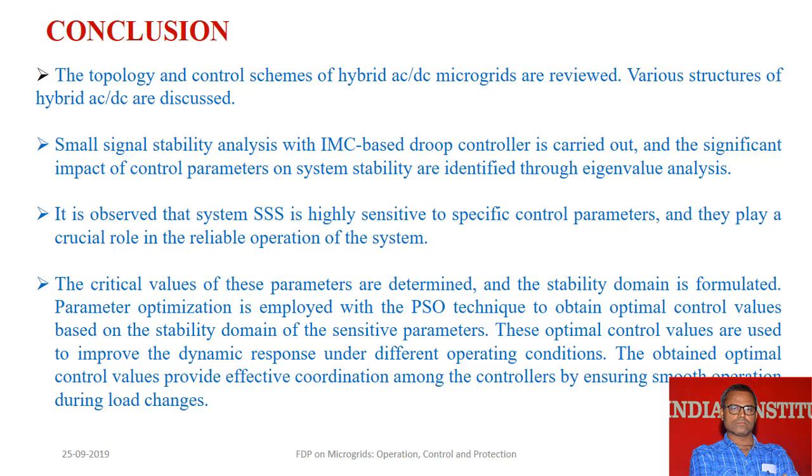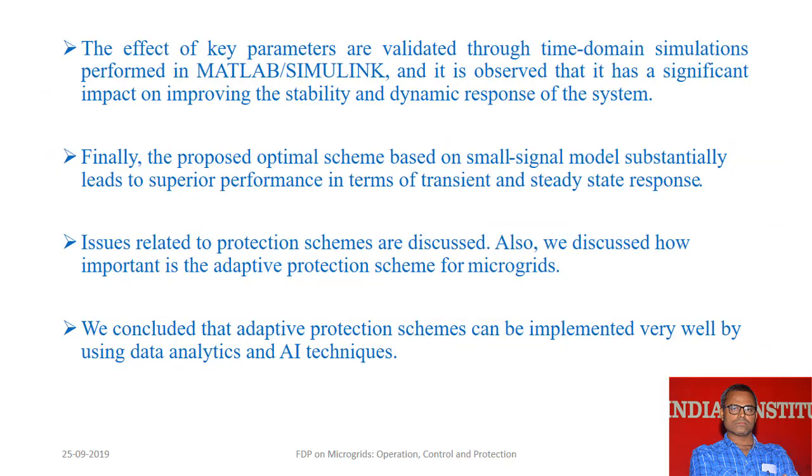Then the effect of key parameters is validated through time domain simulation in MATLAB and Simulink, and it is observed that it has a significant impact on improving the stability and dynamic response of the system. Finally, the proposed optimal scheme based on the small signal model, which we call optimal IMC, gives substantially good results in terms of transient and steady state response.